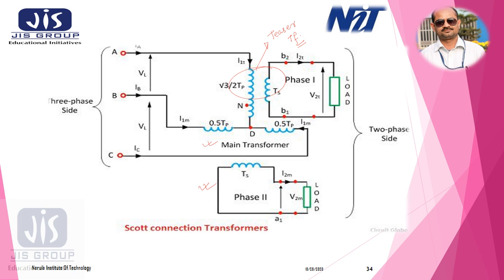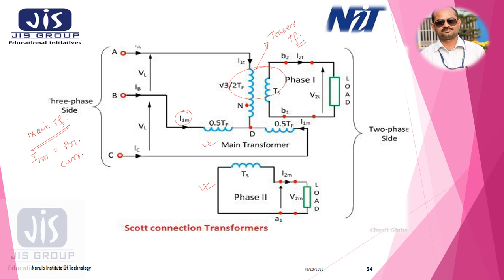Now if we see here, this is IM. IM is the current in the primary of the main transformer, primary current, and this is for the main transformer.